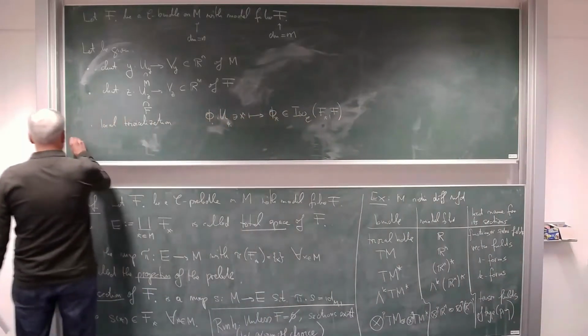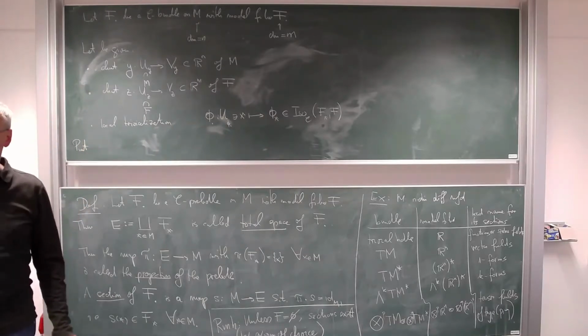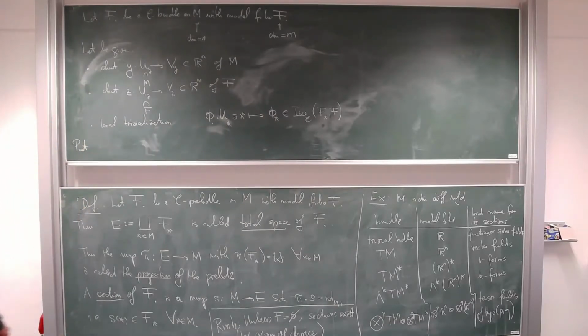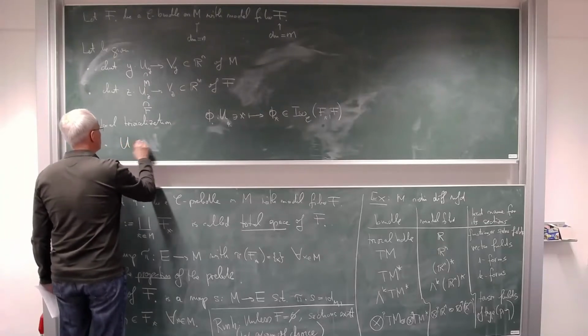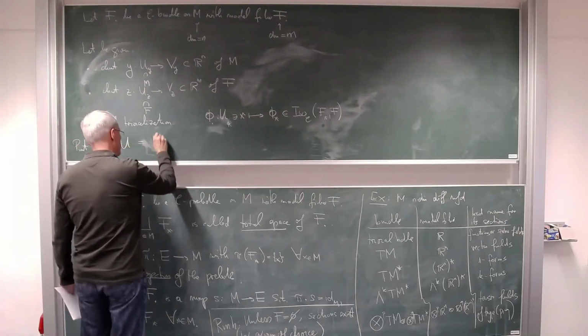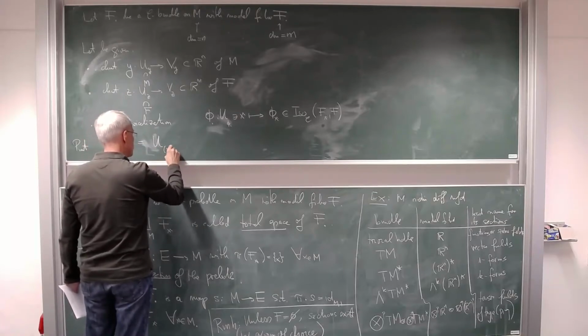For this, I need a subset of the total space on which it is defined, a subset of some R to the something, and a bijective map between the two. So let's do that. We put U, or to be more precise, because it depends on this data, U of y, z, phi.